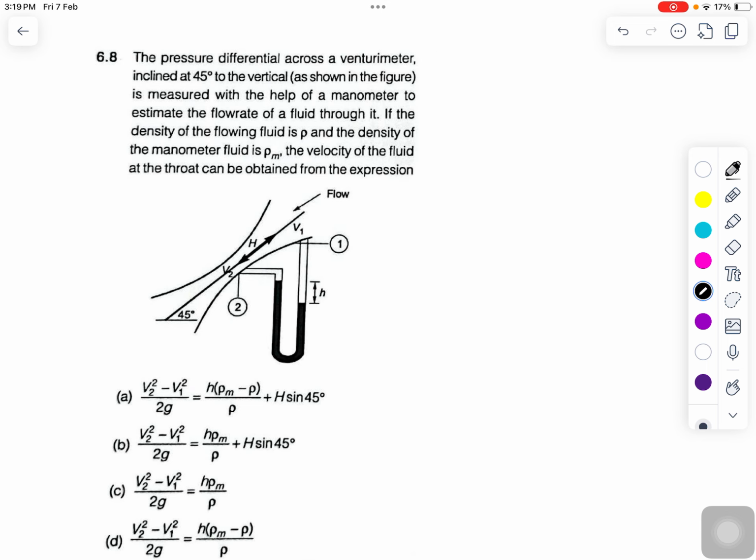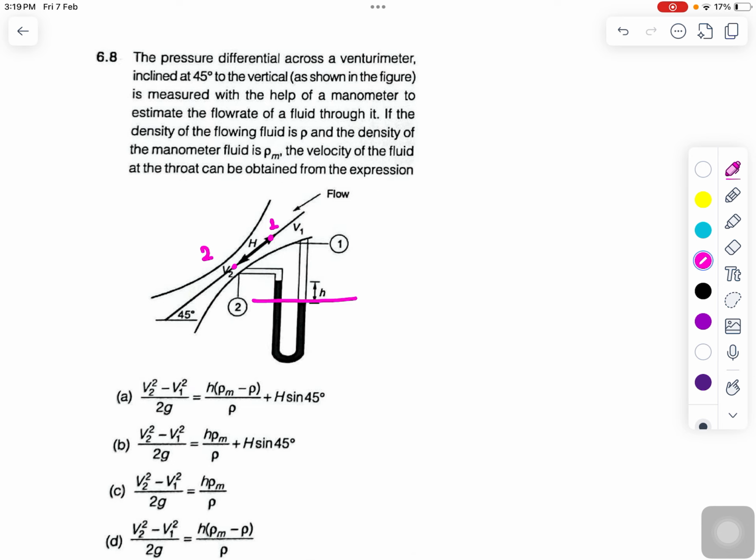So let's say at this particular point, if I apply the pressure balance, let's say this point is 2 and obviously this point is 1. So what I can say is that this point is P1.